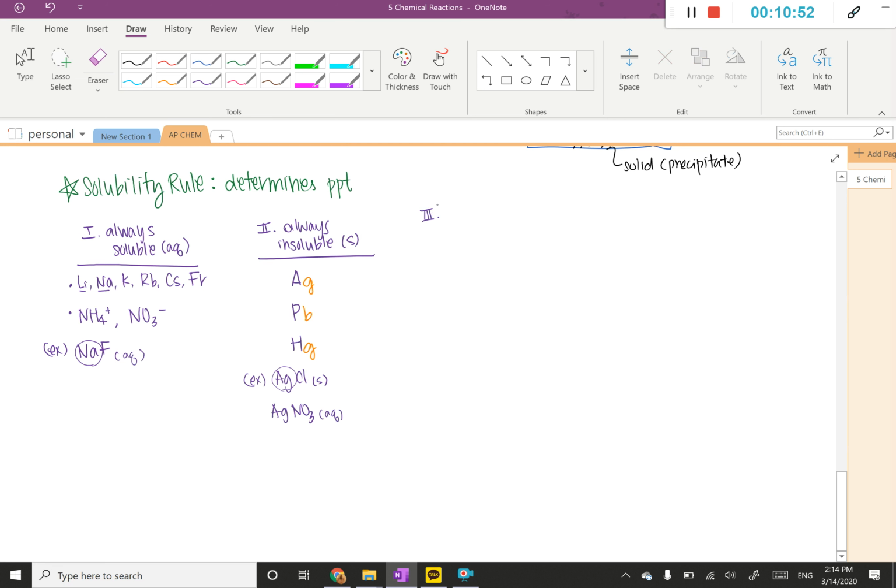Rule number 3, these ones are slightly soluble. Okay, slightly soluble. So these ones are almost never soluble, okay? And the way I memorize them is PaKaSur, PaKaSur, okay? PaKaSur plus halogen, okay? It's not really good.